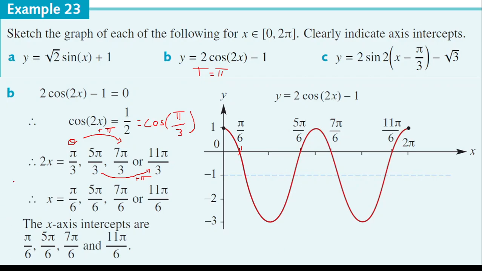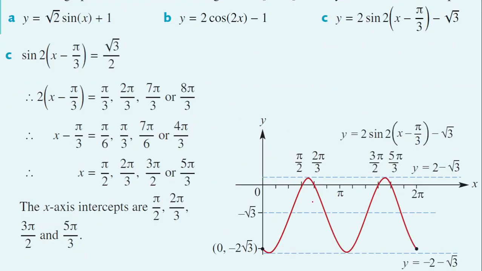Okay. Part C, we're going to repeat that. Same process. By making this equal to 0, you make sine the subject, so that gives us root 3 on 2, which is positive, and that's sine of pi on 3, which is your theta.